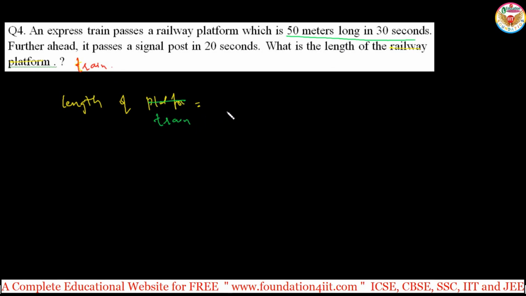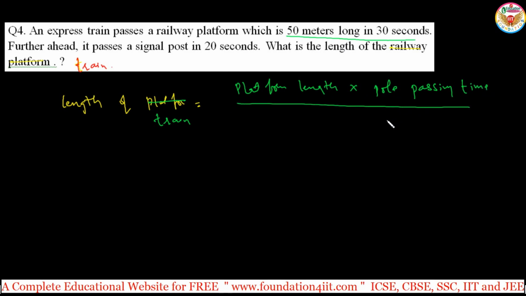that is equal to platform length into the pole passing time, divided by the difference in the time to cross the platform and the pole.